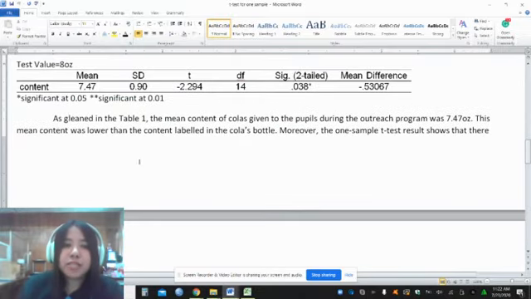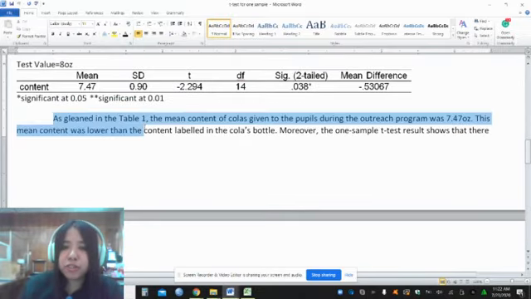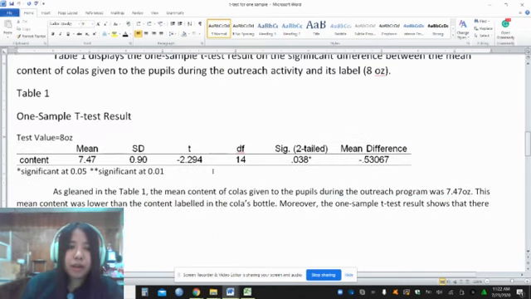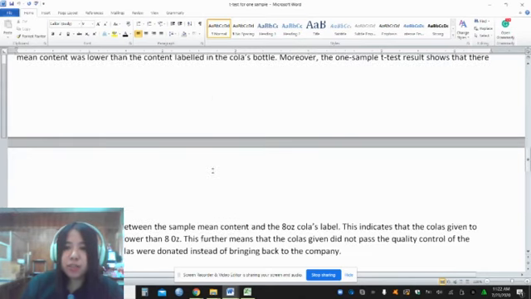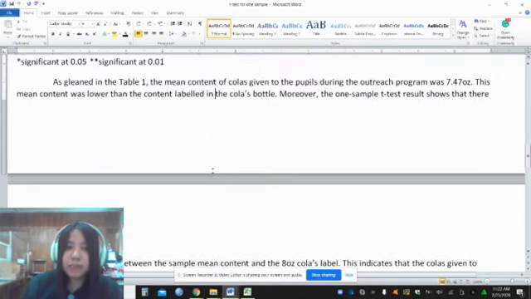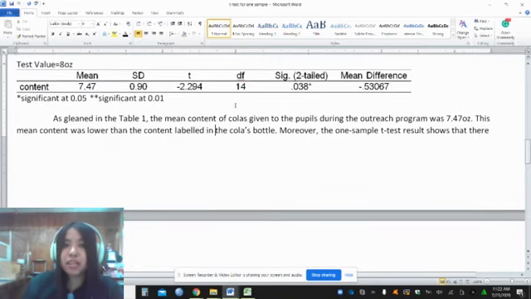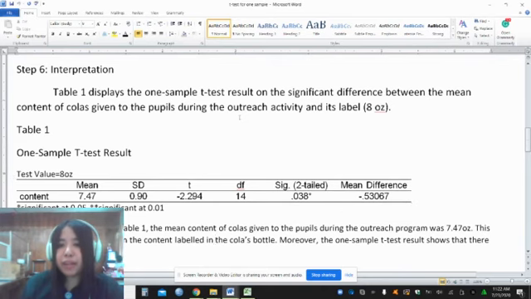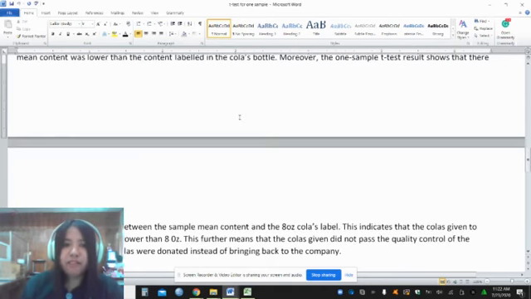So for the first interpretation, as you observe here, we are comparing the value of mean 7.47 and 8 ounces, and then support this by reporting the inferential statistics results. That is saying that there was a significant difference, because that is the meaning of our t-value with its p-value.